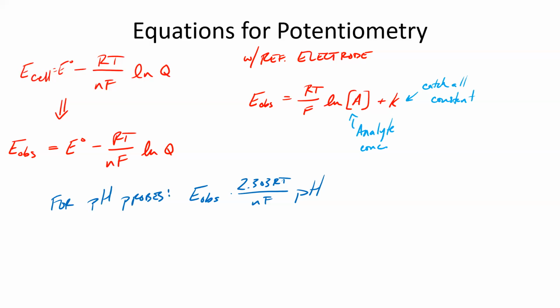I dropped a negative sign. Negative 2.303. And then plus our ubiquitous K. And so that constant 2.303 takes into account that switch between natural log and log. And then of course pH we know is negative log of H plus concentration, which is why we have that negative thrown out front.